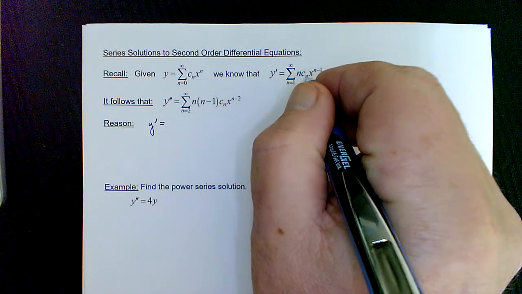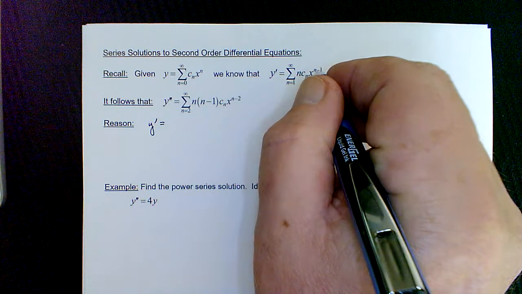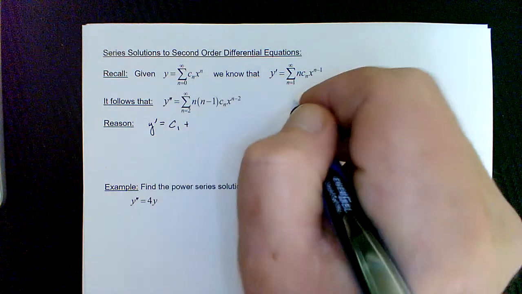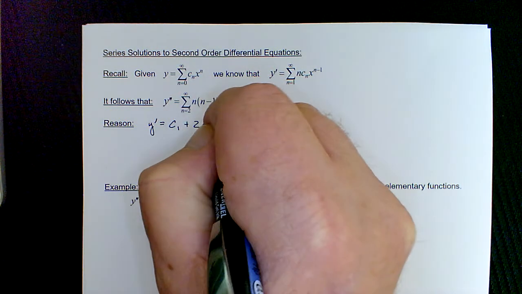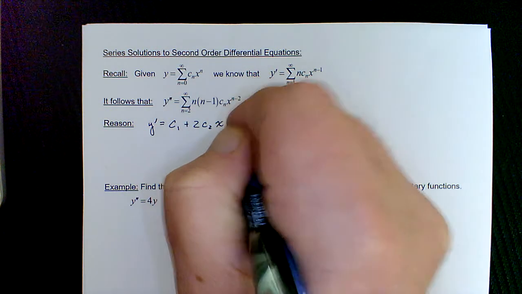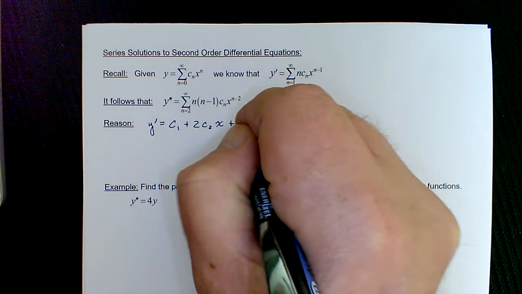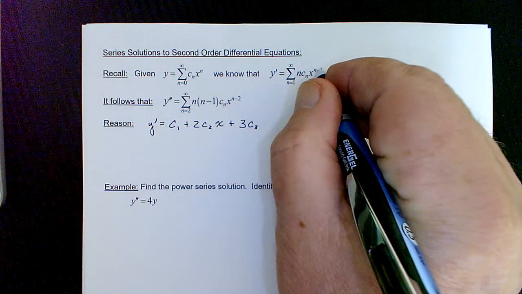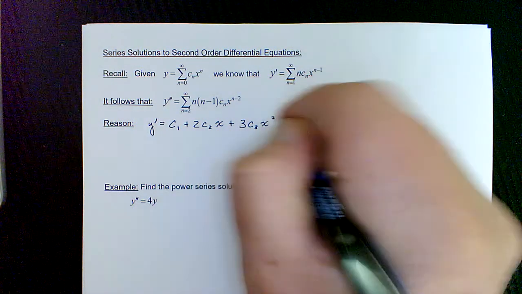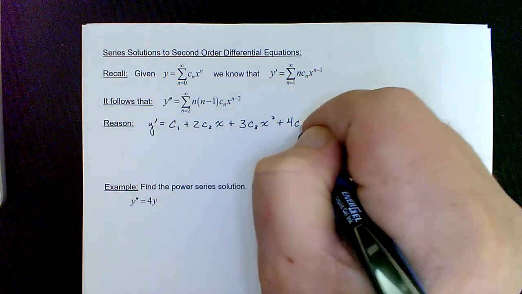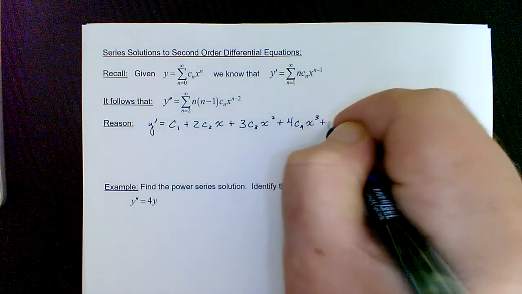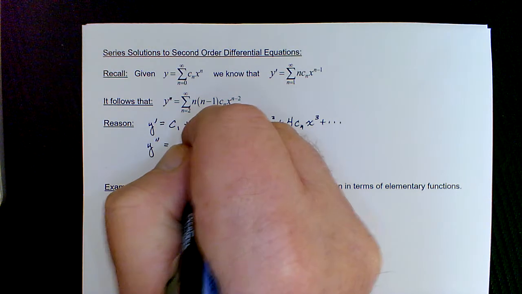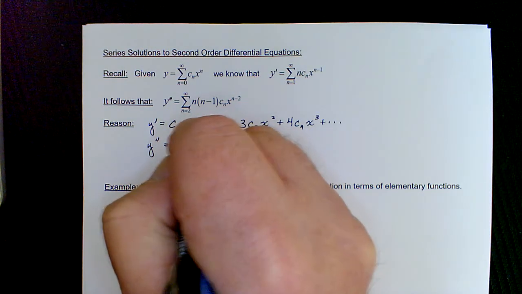In expanded form, when n is 1, we'd get 1 c sub 1 x to the 0, or just c sub 1, plus when n is 2, 2 c sub 2 x to the 2 minus 1, which is 1, so just 2 c sub 2 x, plus when n is 3, 3 c sub 3, because again we're just replacing n by 3 here, x squared, go further if you like, 4 c sub 4 x cubed, and so on.